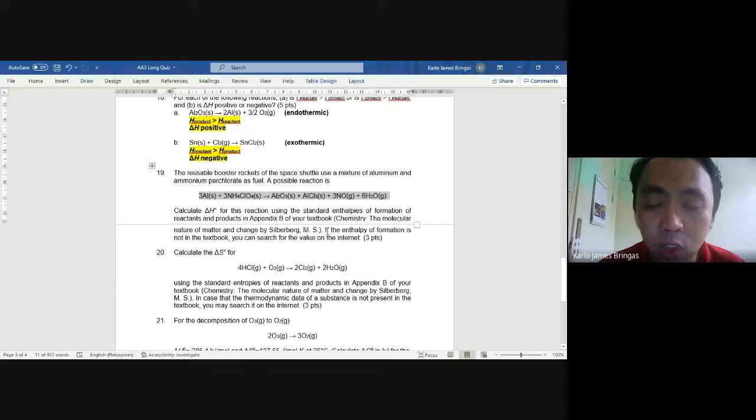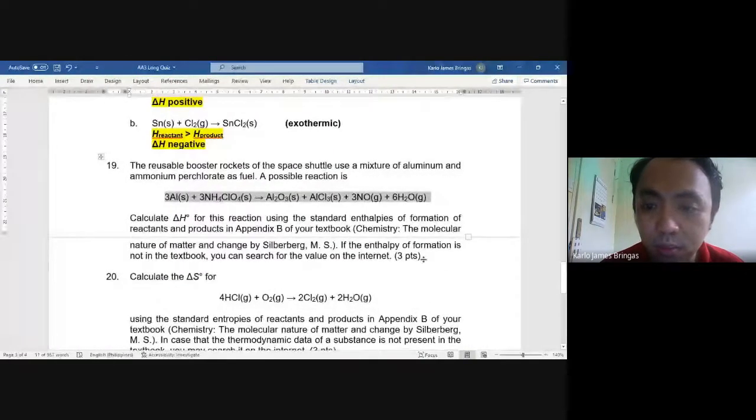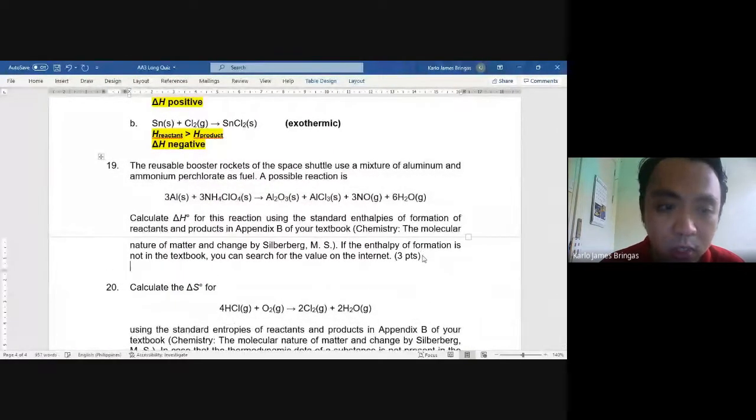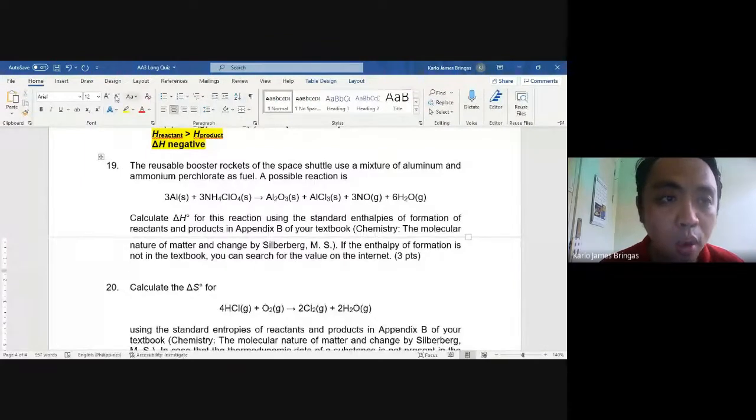So sabi dito, if the enthalpy of formation is not in the textbook, you are free to search the value on the internet. So let me zoom in a little bit. So in here, if we now have the Appendix B na standard heats of formation, we can then use our Hess's law equation, which is the following.